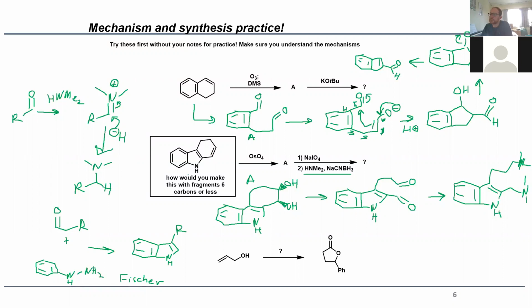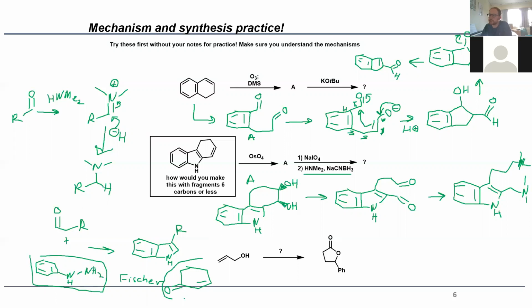And so if I were to pull out the two fragments for this, I would say, okay, I made this by Fischer indole synthesis. And so I take phenylhydrazine, and I would also plug in a carbonyl that looks like this.